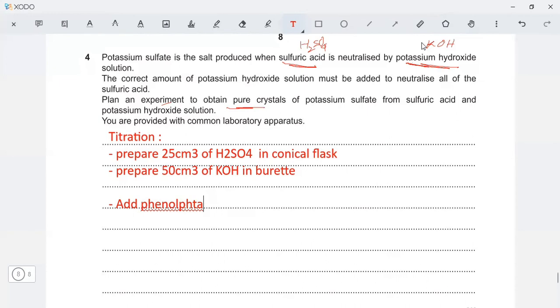Okay, you write the spelling correctly. Write it properly: phenolphthalein. Phenolphthalein spelling, what is that? PHENO, PH, TH, right? Phthalein. Okay. So add phenolphthalein indicator.